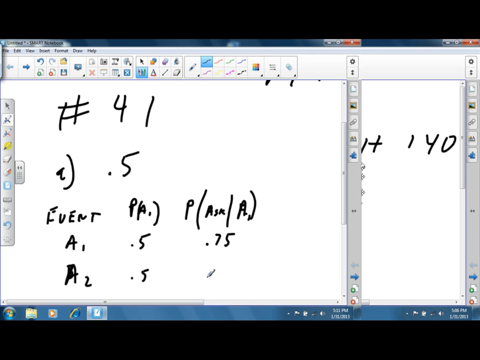The agency to which the bid was submitted subsequently requested additional information on the bid. Past experience indicates that for 75% of the successful bids, so that's 75% of my 50-50 chance is what they're talking about. Okay.